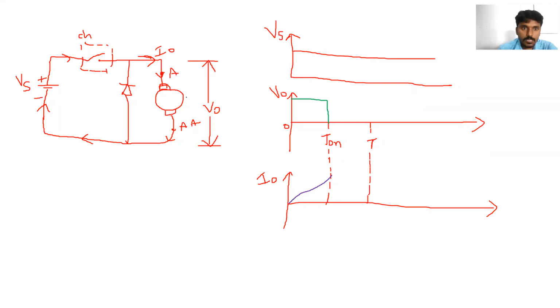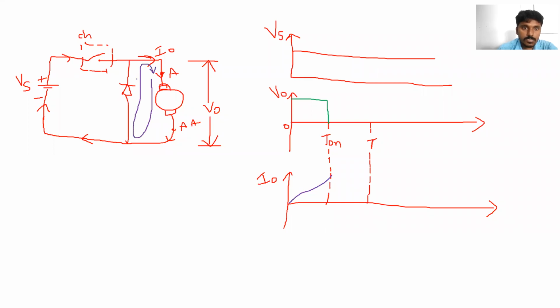But here, what will happen? Here we have an inductive load. Due to the presence of inductance in the load circuit, some amount of energy is stored during this period, and that energy will be released through this circuit, through the freewheeling diode.